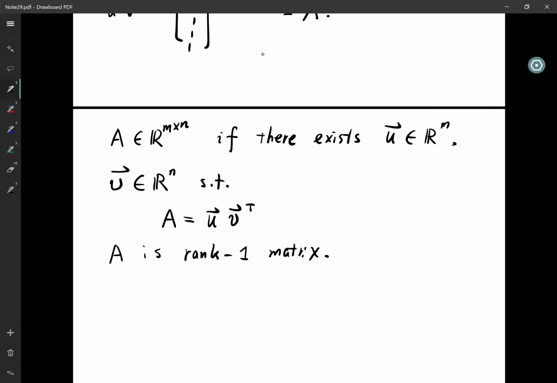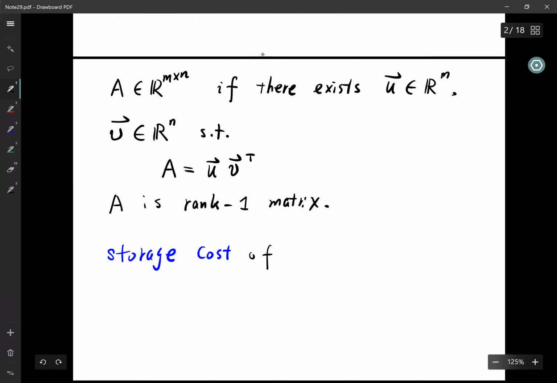So now let's look at the cost. If I want to store this matrix A on the computer, the storage cost of A is m times n, since I need to store that many numbers. But equivalently, if I don't insist on multiplying U and V transpose, and we're satisfied by keeping A in this form, because this is all you need to do a matrix vector multiplication.